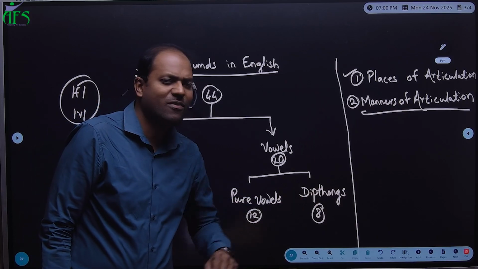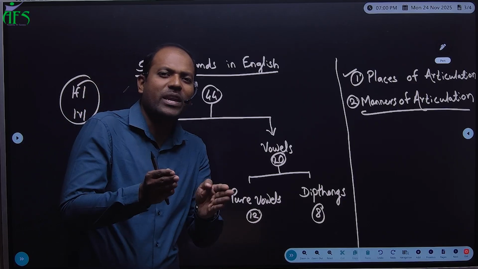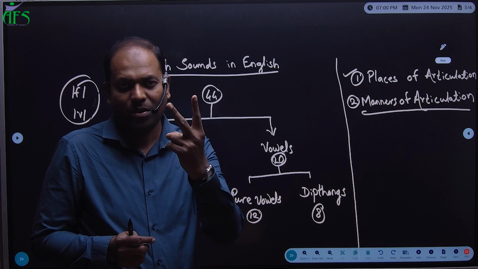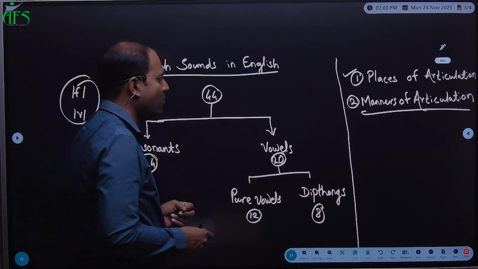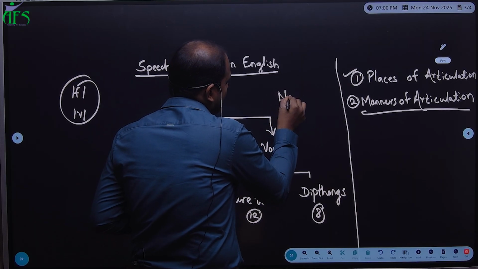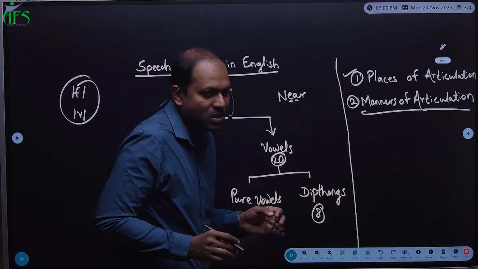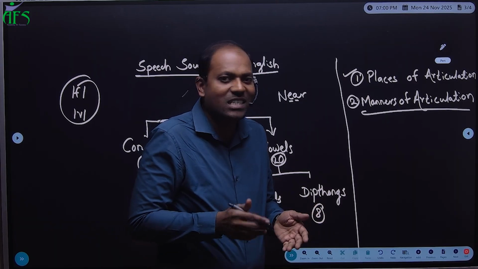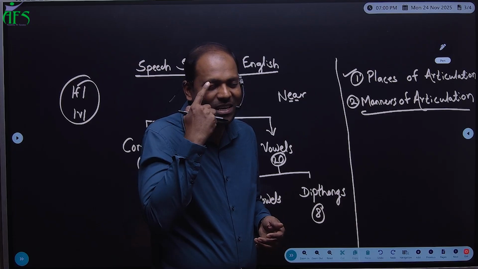What is meant by diphthongs then? Diphthongs are the combination of two pure vowels. For example, in the word near, e, a. So it is together: ear, near, ear, eye.